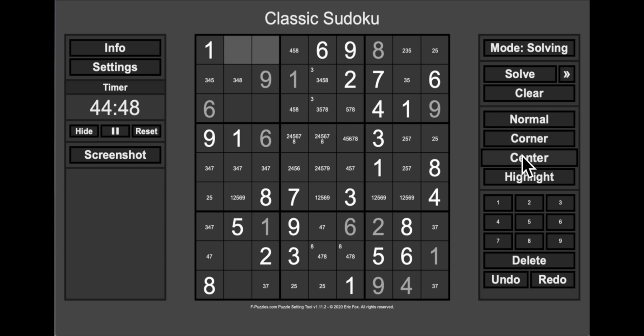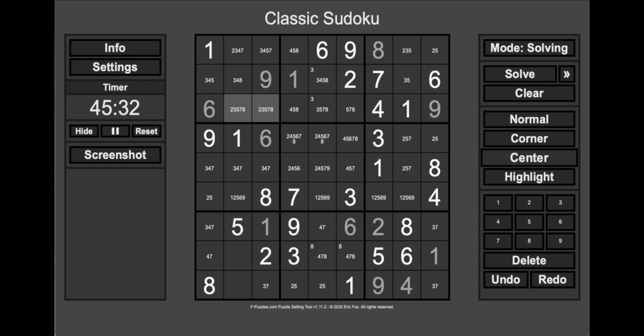It can't be 1, 6, 8, or 9. That's not 5. That's not 2. 3, 4, 5, 7 still look like possibilities. These ones: 1, 4, 6, or 9.